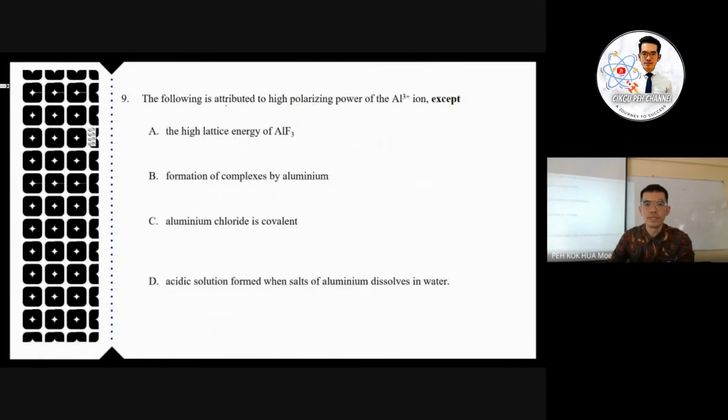Question number 9. The following is attributed to the high polarizing power of the aluminium 3+ ion, except which one? First, high lattice energy of aluminium fluoride. We have to see which statement shows the anomalous properties.